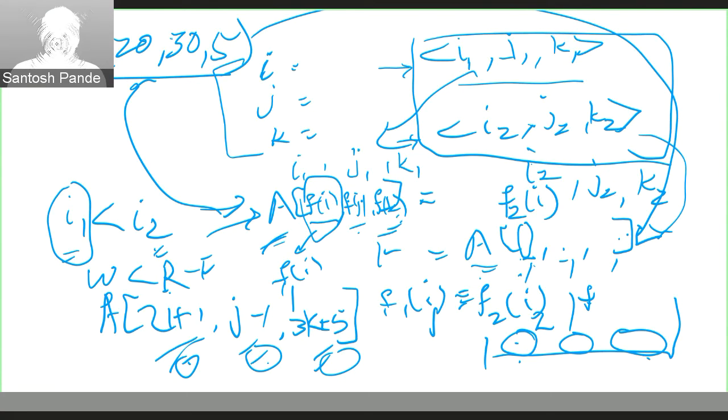The first relationship was I1 is less than I2. That means this iteration is ordered before this. The second one is I1 is equal to I2, but J1 is less than J2. Then also the same relationship exists: this iteration occurs before that. And then I1 is equal to I2, J1 is equal to J2, but the last one, K1 is less than K2. That also means the iteration responsible for the write does occur before that of the read.